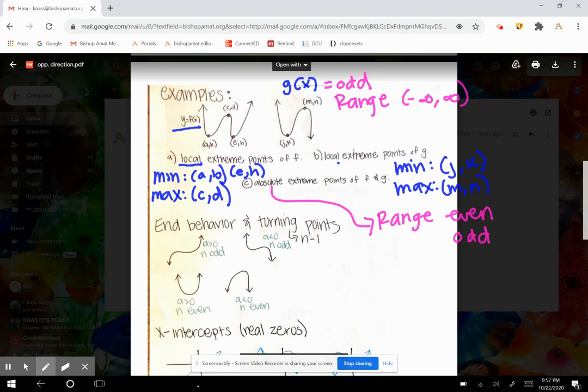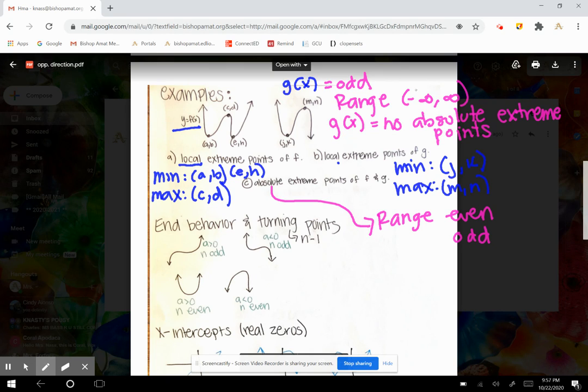So for g of x, there is no absolute extreme points. And again, why?